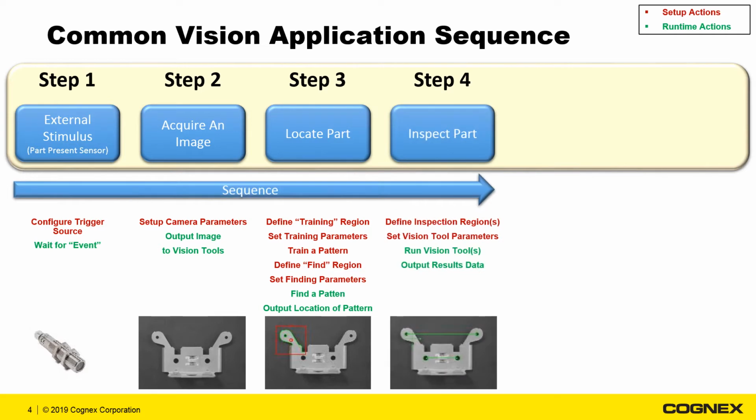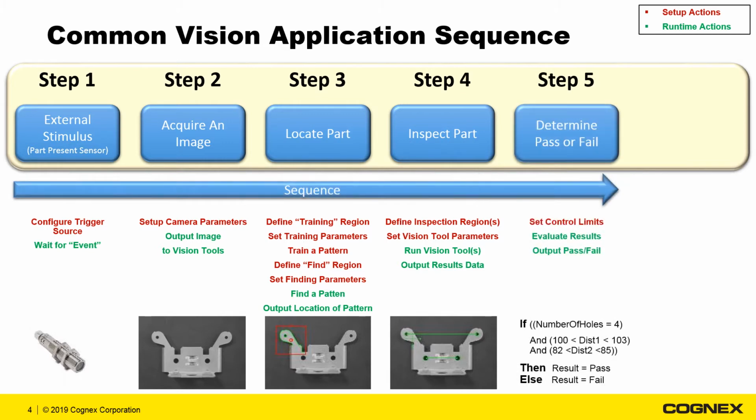Next, we perform the actual inspection task by defining what areas are to be inspected as well as parameters for the machine vision algorithms, also called vision tools. In a generic sense, Cognex vision tools produce results data, which must then be analyzed or evaluated to determine good versus bad. This usually involves some sort of if-then-else logic to generate a binary good-bad result.